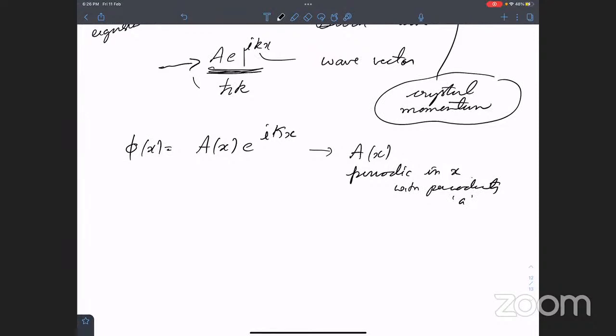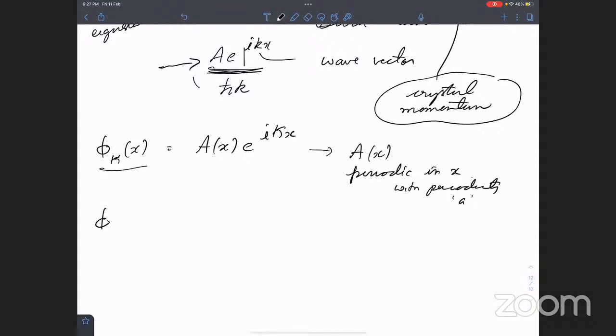I'm going to consider another Bloch wave function. I'm going to write the index as a subscript, psi K of x. So this denotes the Bloch wave with a Bloch wave vector of capital K.